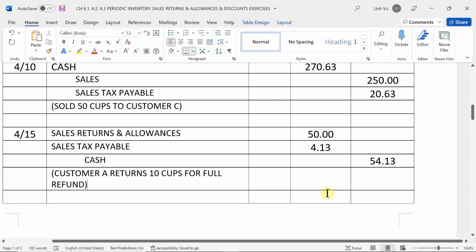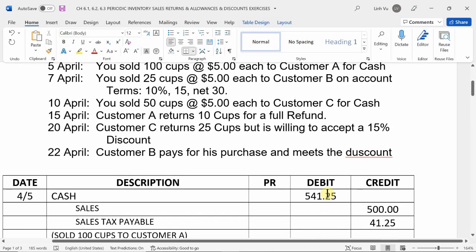Okay, good. Then April 20th, customer C returns 25 cups but is willing to accept a 15% discount. Maybe they missed the return policy period.